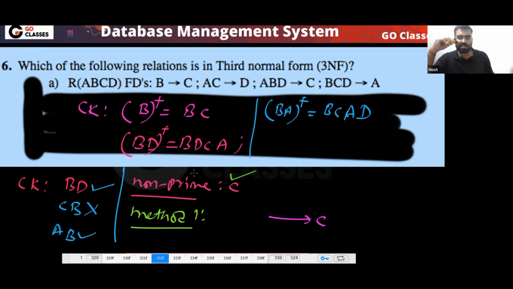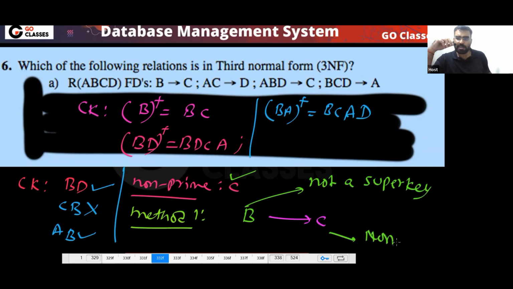Which type of violation are you looking for? You are looking for a non-super key implying C. Not a super key implies a non-prime attribute. Yes or no? Is this clear?